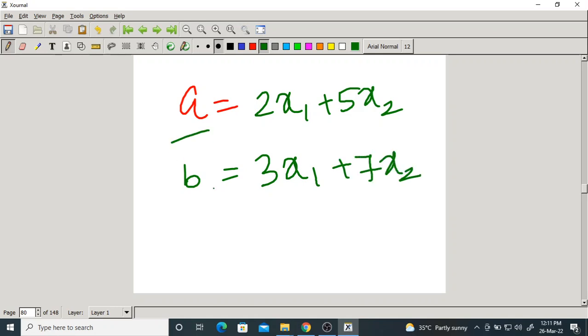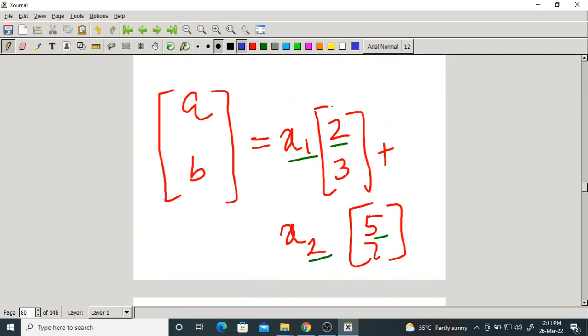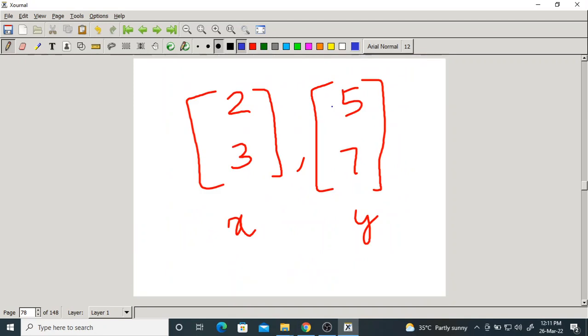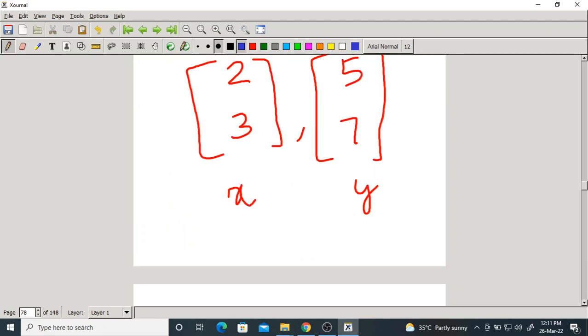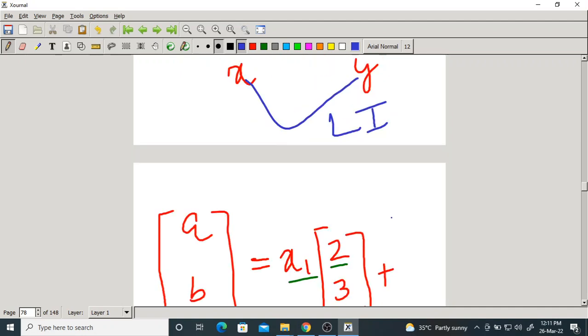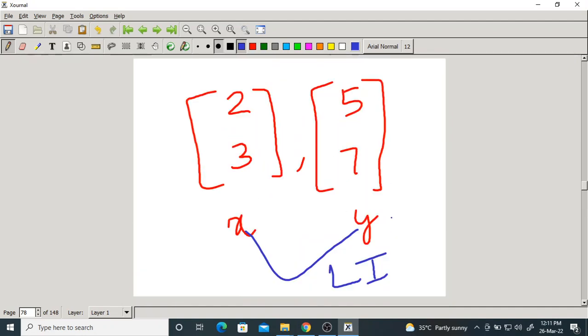If you know a and b, solve for x1, x2. These are scalars, no? In this way you can choose any vectors as basis vectors, provided what condition? They should be linearly independent. All the basis vectors have to be linearly independent. What is linear independence? The linear combination is 0 if and only if the scalars are 0.